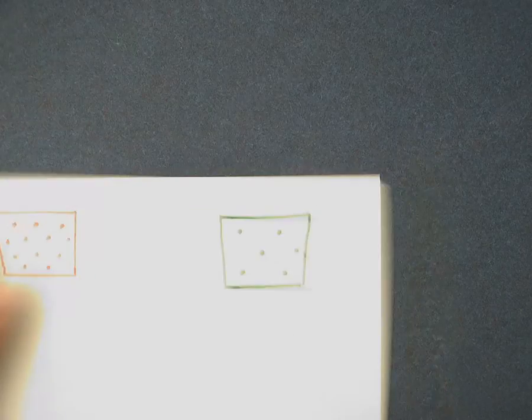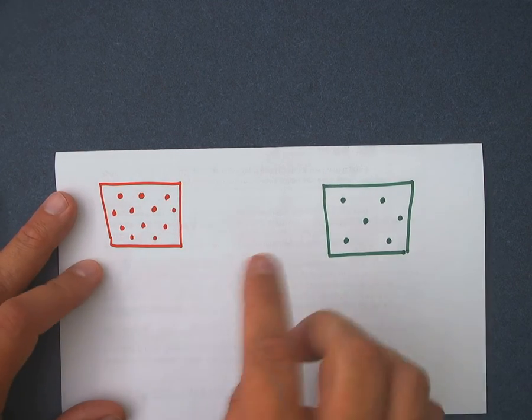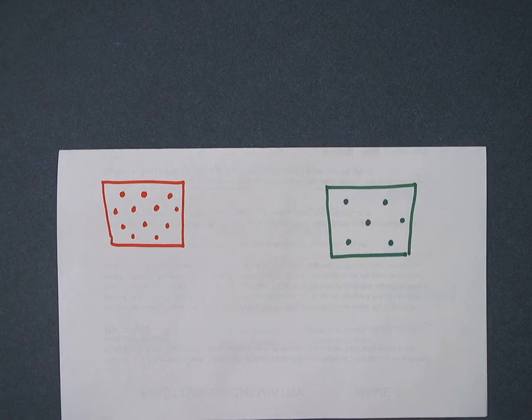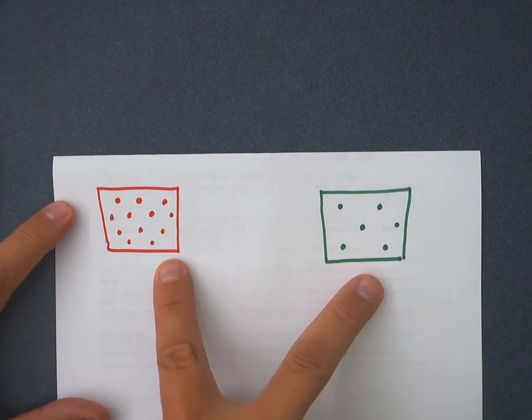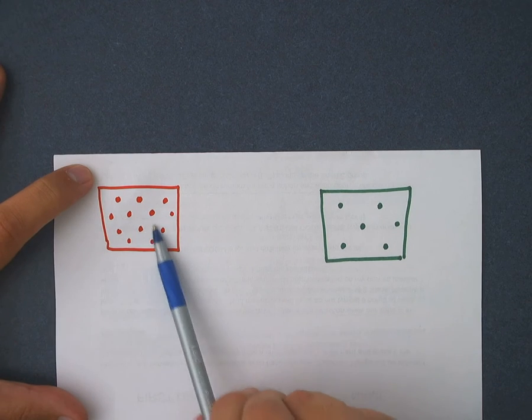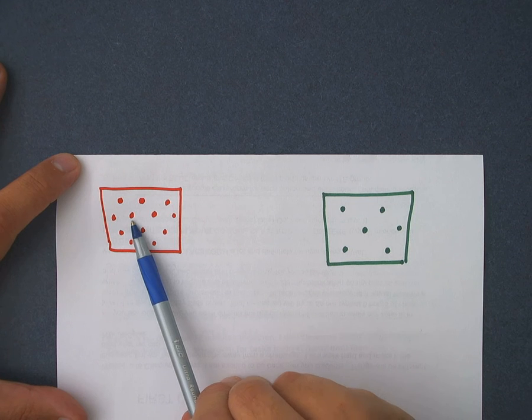What does that mean? Well, I have two drawings here of molecules zoomed into a chunk of one metal and a chunk of another metal. Which one do you think would be more dense? In this case, I was trying to show that the dots are closer together here, so it shows that it's more dense.